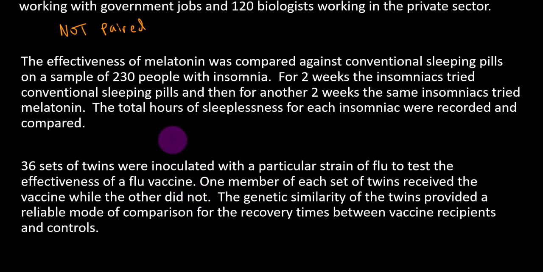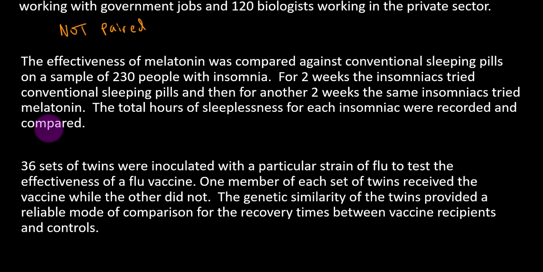Let's start with the melatonin that was compared against conventional sleeping pills on a sample of 230 people with insomnia. For 2 weeks, the insomniacs tried the conventional sleeping pills, and then for another 2 weeks, the same people with insomnia tried melatonin. The total hours of sleeplessness was recorded for each person and compared.